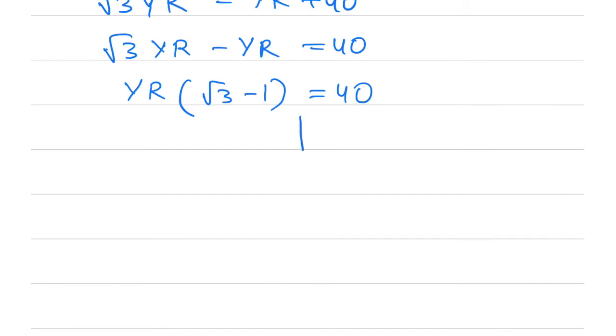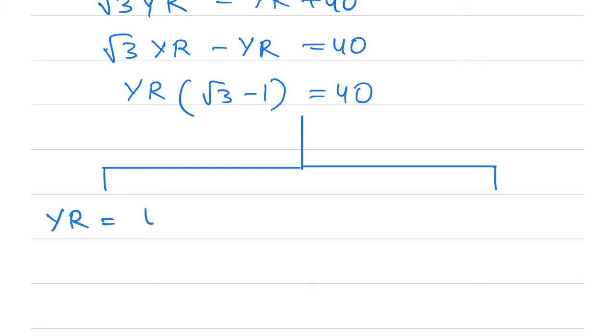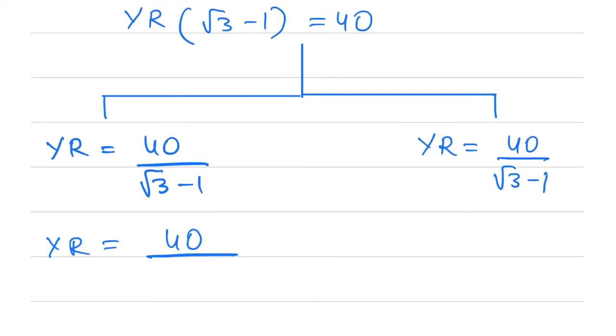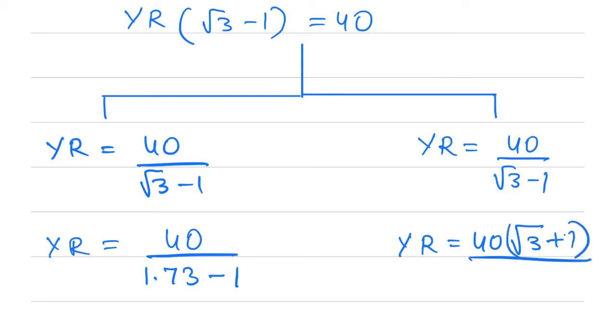Here we can go in two different ways. Either we can take YR is equal to 40 by root 3 minus 1, and substitute the value of root 3, 1.73 minus 1, as it's given in the question, or we could rationalize the denominator as 40 into root 3 plus 1 divided by root 3 square minus 1 square.